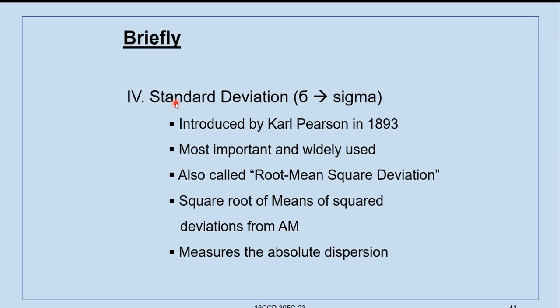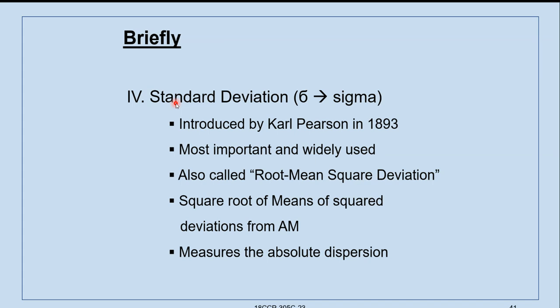Introduced by Karl Pearson in 1893. Karl Pearson is another statistician. It is most important and widely used, as I said. It is used in further studies. It is also called root mean square deviation, because we will take the square root. Square root of the mean of squared deviations from the arithmetic mean.